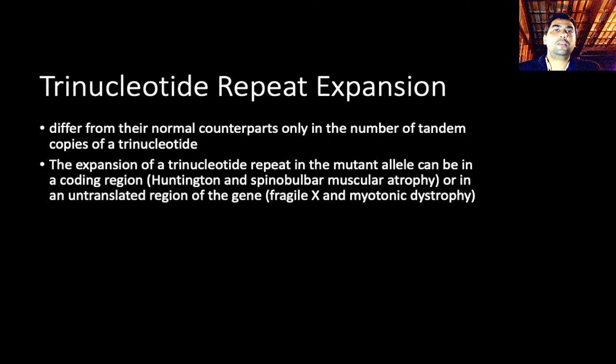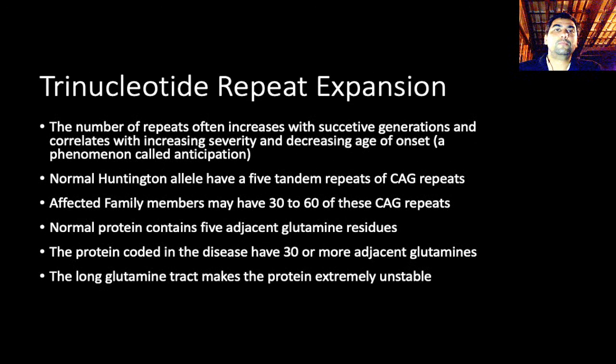The expansion of trinucleotide repeats in the mutant allele can be in a coding region, Huntington and spinobulbar muscular atrophy, or in an untranslated region of the gene, Fragile X and myotonic dystrophy.